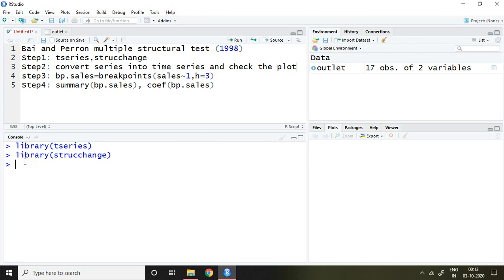Then in the second step, what will I do? I'll convert this series into a time series.